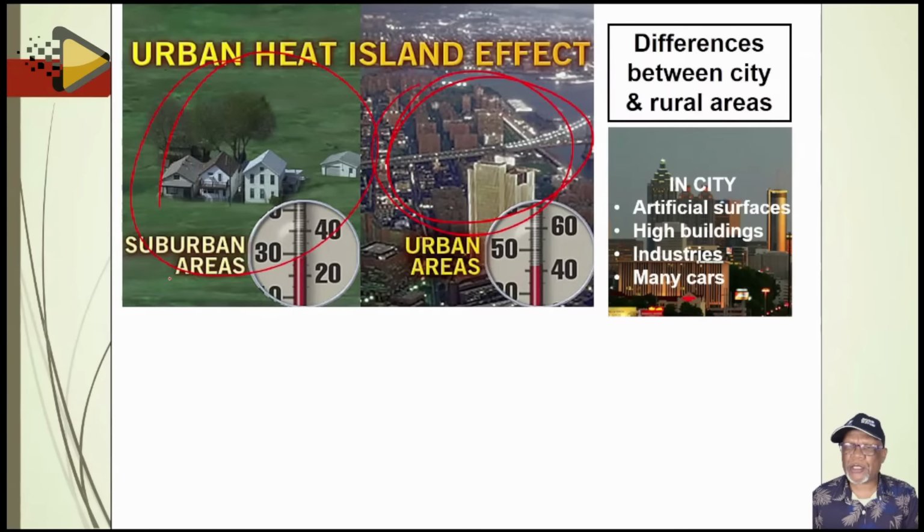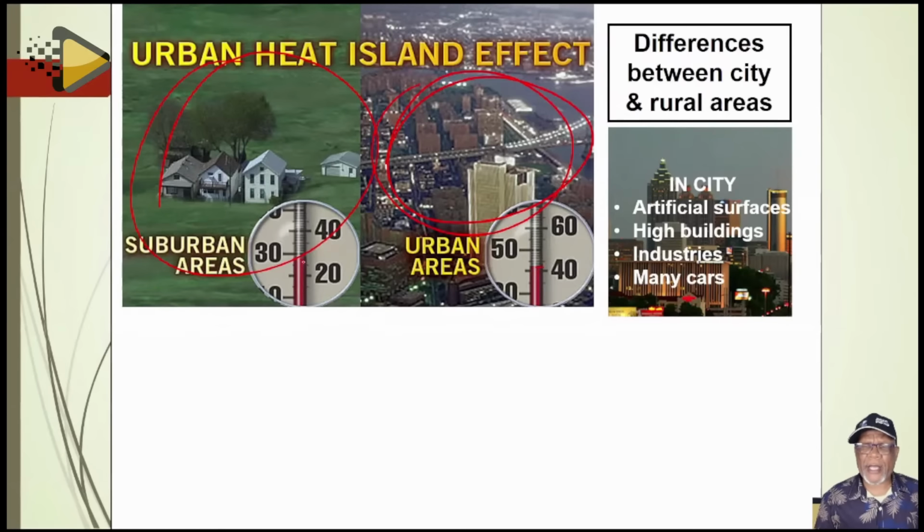Now the question is, why is the urban area warmer? You can see the temperatures here are going around 60 degrees, and here the max is about 42, and here it is about 28 or plus.